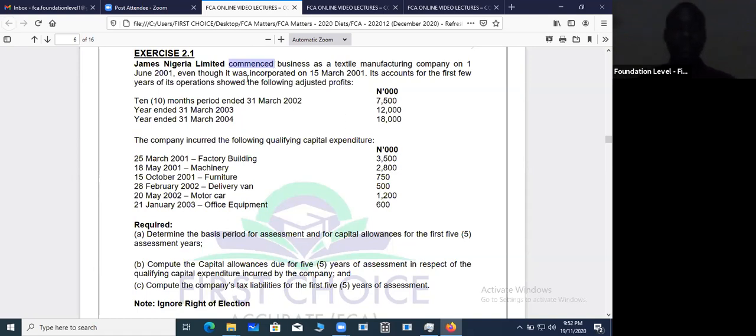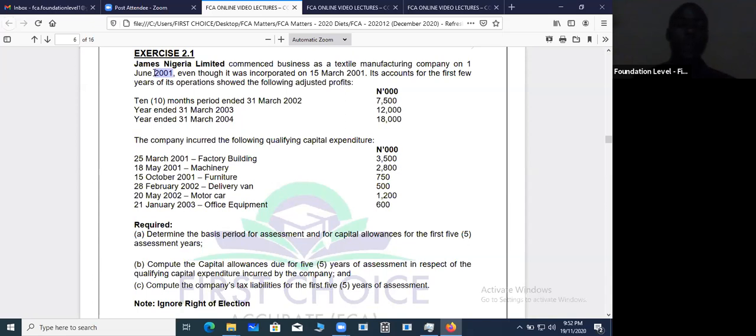All right. This is the date the company began business, June 1, 2001. So for basis period for accessible profit, this date is used twice, in the first year and in the second year. 2001 is our first year because June 1 is when our business started in 2001.